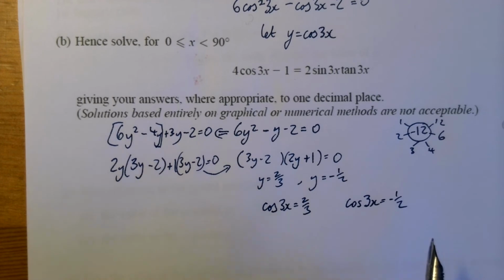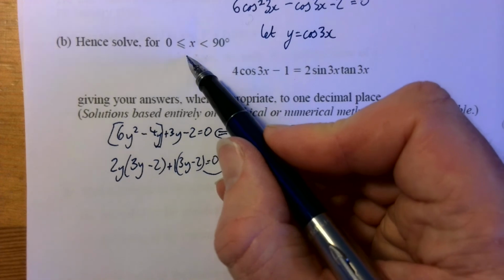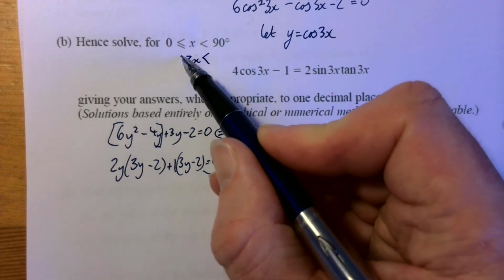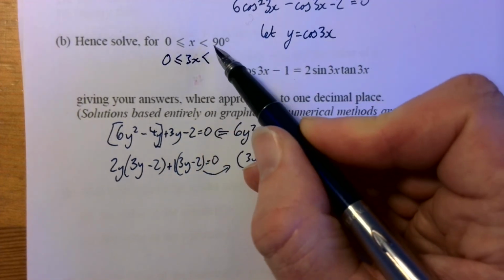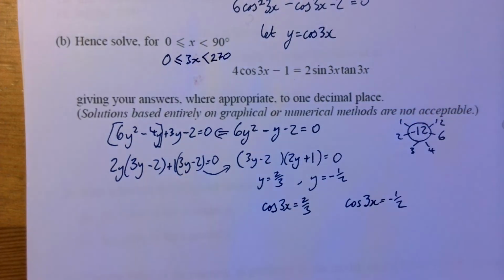So they're wanting it between 0 and 90, but we've got 3x here, so I'm going to do it for 3x and then divide everything by 3. So if I do it for 3x, that's timesing by 3, isn't it? 3 times 0 is still 0, but 3 times 90 is 270 degrees.